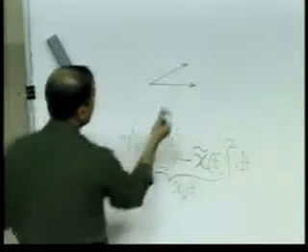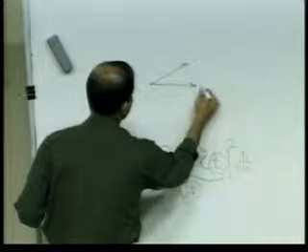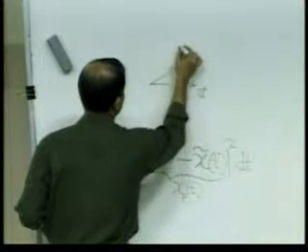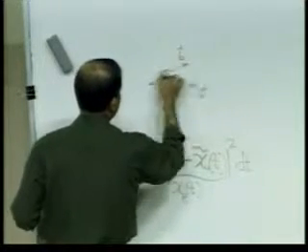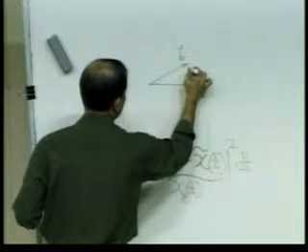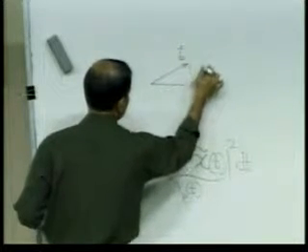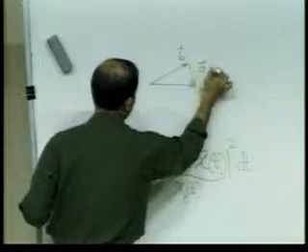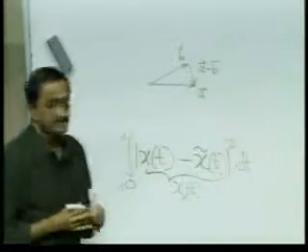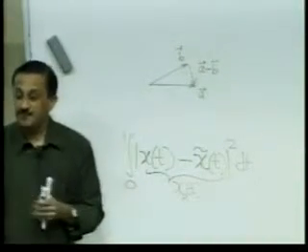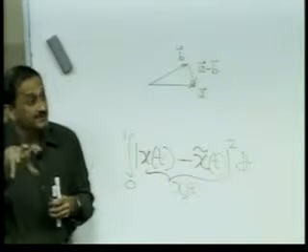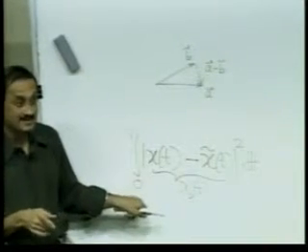How do you get their difference? Let's say A minus B, right? A and minus B, so it would be this. So the magnitude squared of the difference is what we are calculating here.